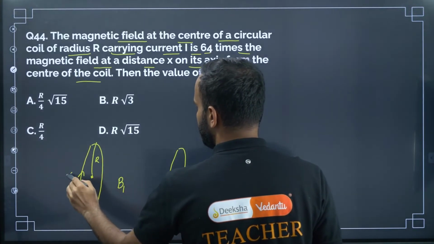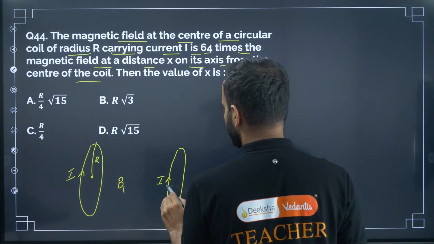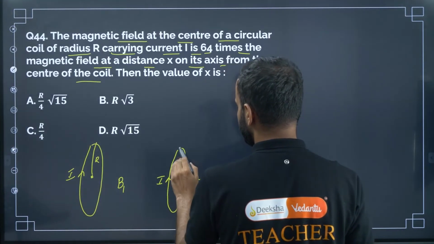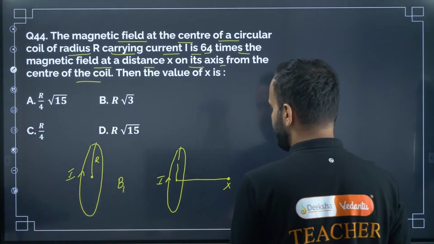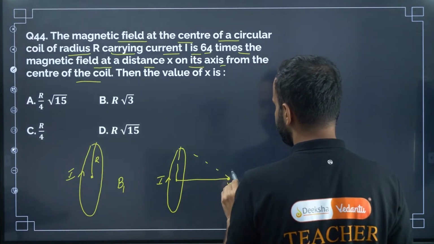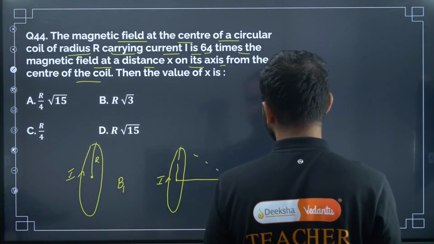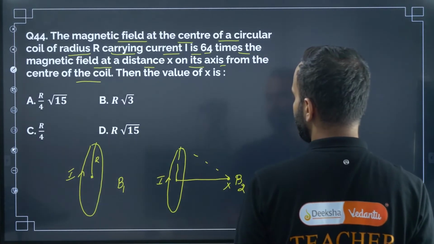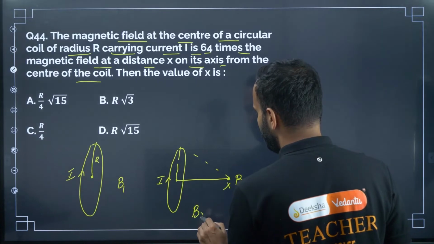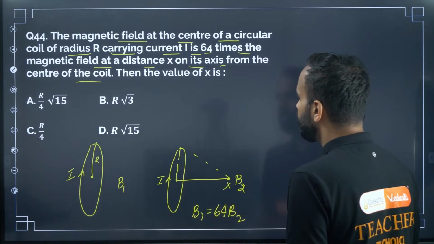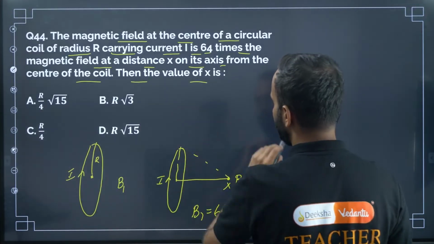Here the current is I. At distance x, the magnetic field is B2. Now B1 is equal to 64 times B2. Understood?